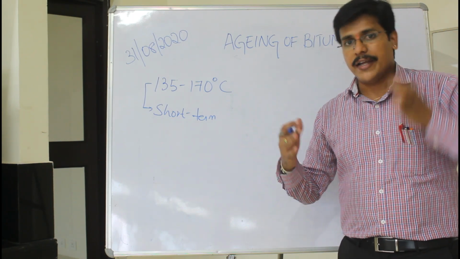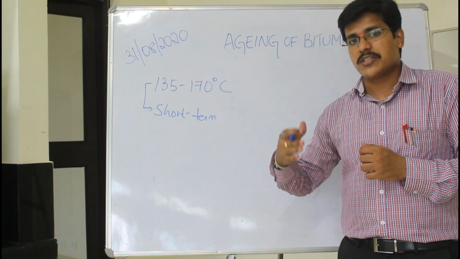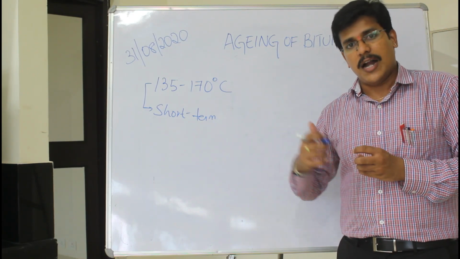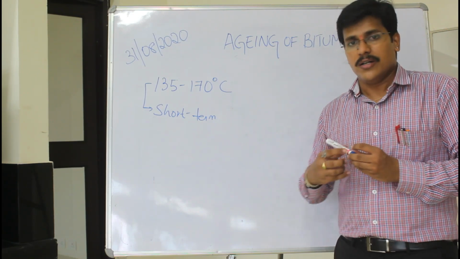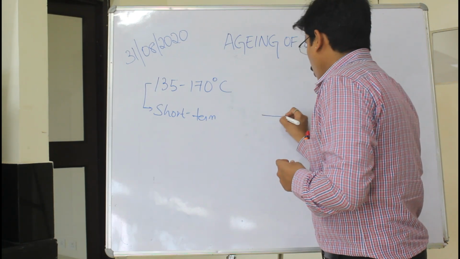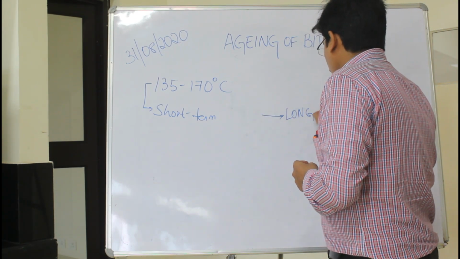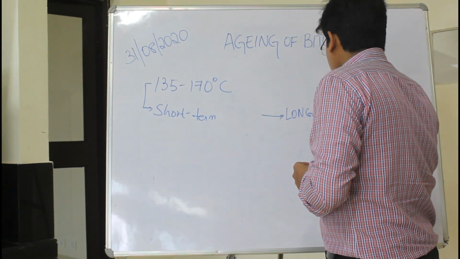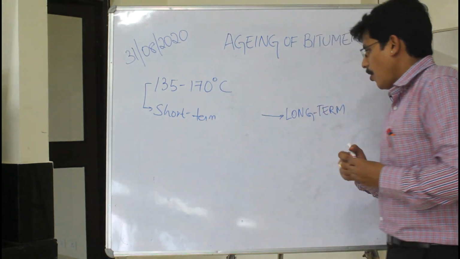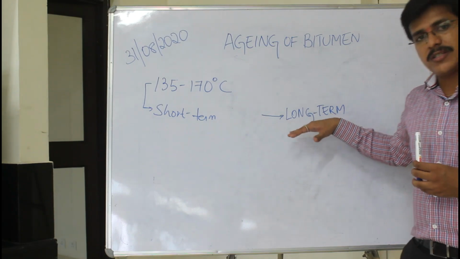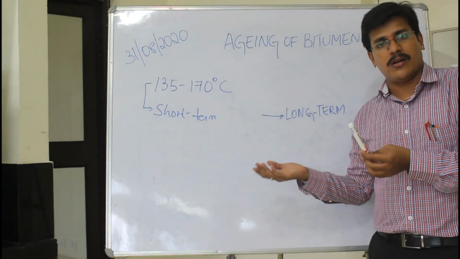During this period, the bitumen will again slowly lose its volatile components and become harder and harder. That is called long-term aging. Long-term aging will happen when the bitumen is exposed to the environment or climatic forces.